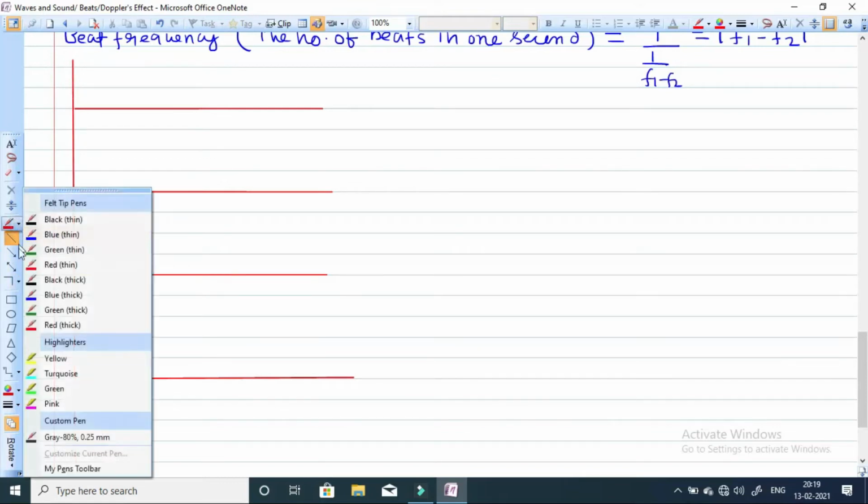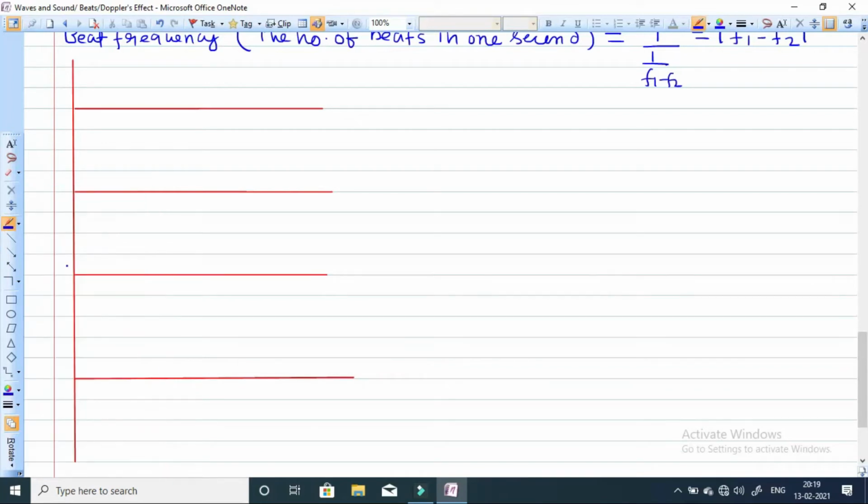For the first wave, I'm writing y1 is equal to a sin(omega t minus kx). This is the shape basically, suppose. This is for y1. y2 also we can write down. These will be the shapes.